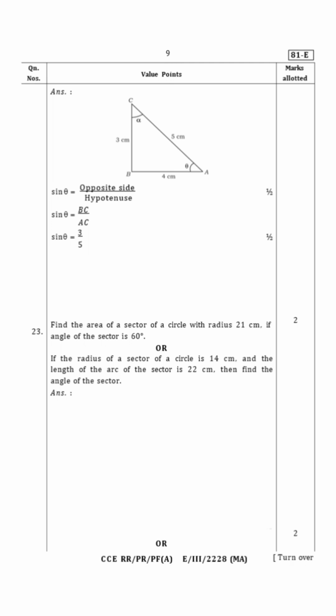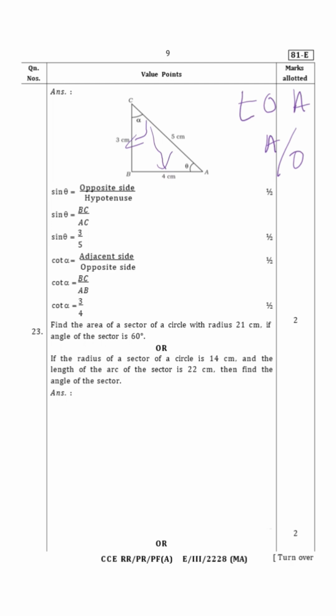Tan theta is TOA, TOA, opposite by adjacent. So cot ratio is adjacent by opposite. Here adjacent side is 3 centimeter, opposite side is 4 centimeter. So cot alpha is equal to 3 by 4.